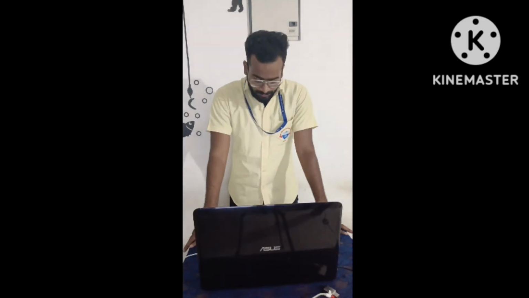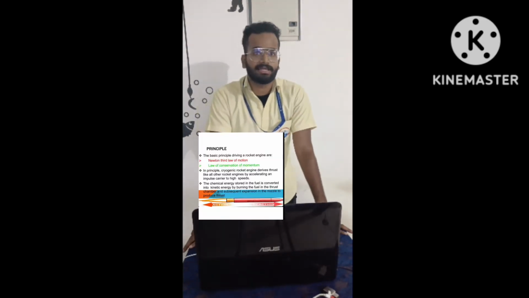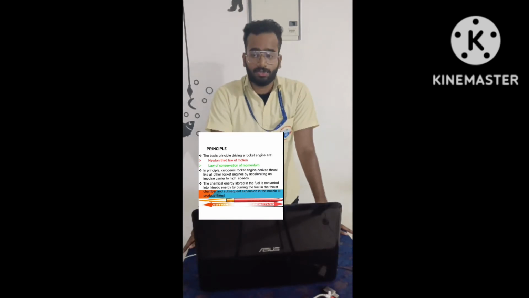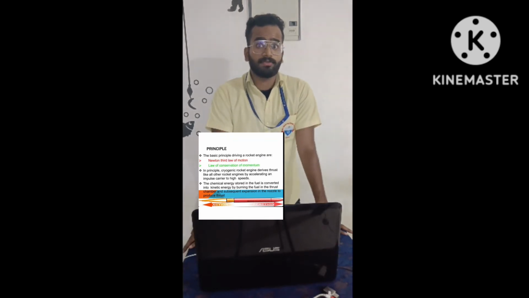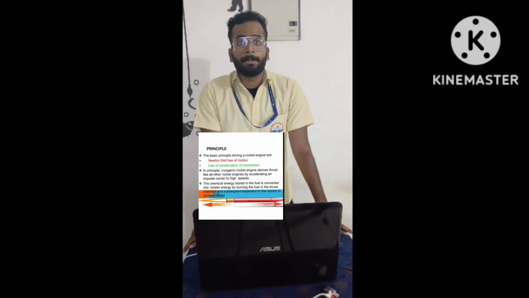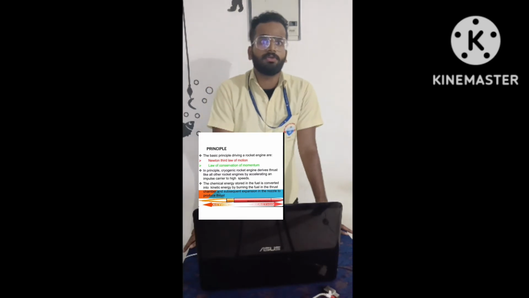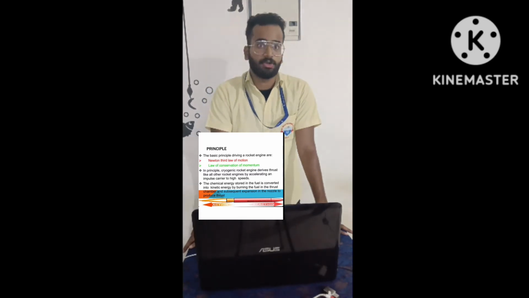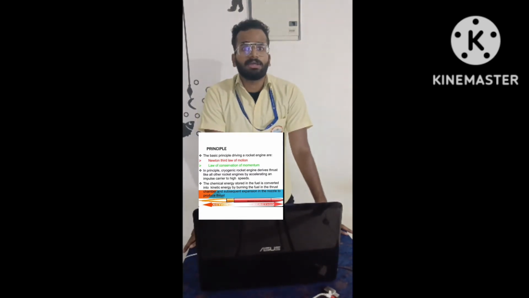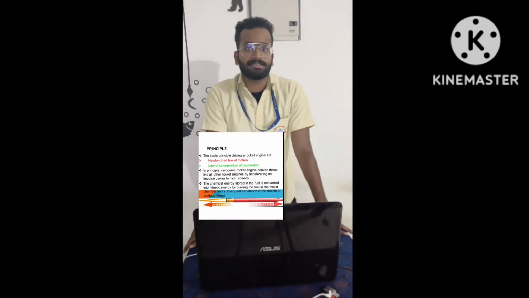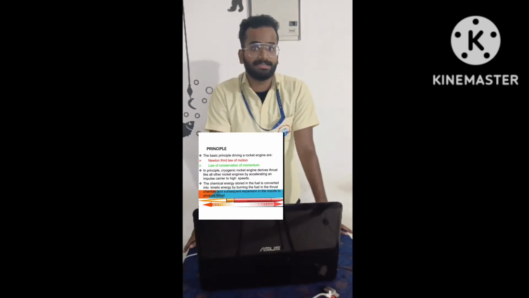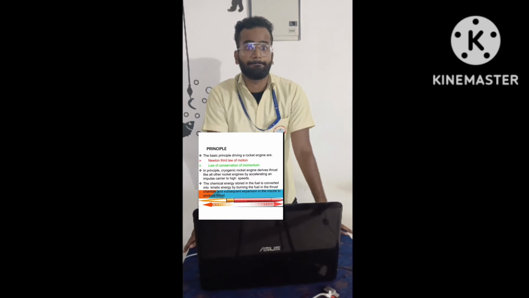Now we will talk about the principle of cryogenic engine. The basic principles driving a rocket engine are Newton's third law of motion and the law of conservation of momentum. A cryogenic rocket engine derives thrust like all other rocket engines, by accelerating an impulse carrier to high speed.